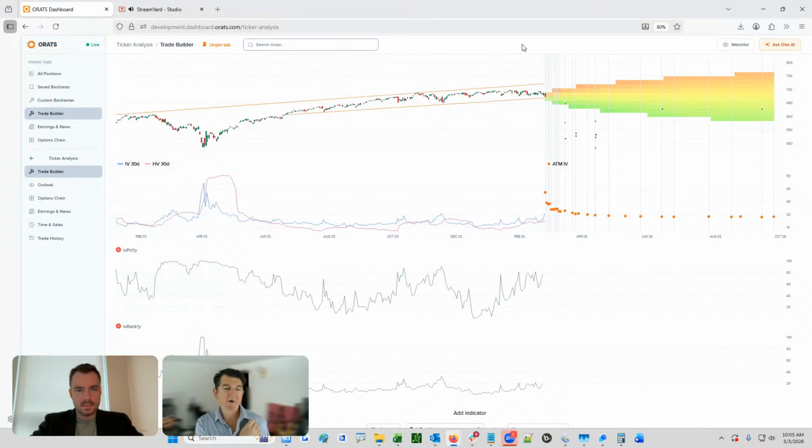Right. You know, if you're just looking at price rank or price percentile, that's less volatile than implied volatility. So I like to use percentile.